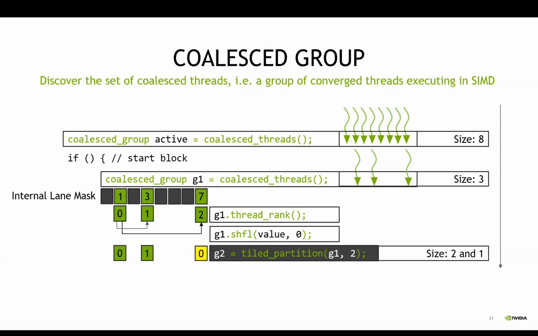If I wanted to, I could subdivide this group using the methodologies that we've learned about already. I could take this group and create some tiled partitions out of it, and I still have the requirement that the size of these tiled partitions has to be a power of 2 less than 32. But I can do even weird stuff, like I have a group of 3 threads and I can create tiled partitions of size 2 out of it, which means that in this particular case I'm going to have 1 tile which has 2 threads in it and 1 tile which has 1 thread in it.